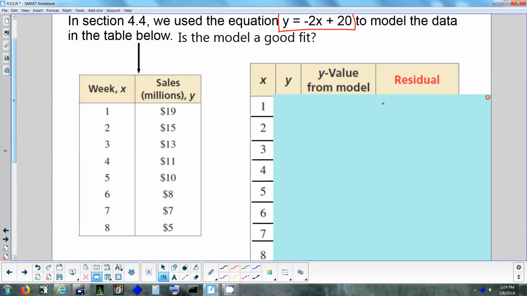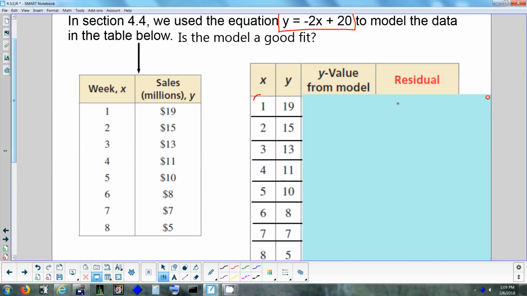The Y's. The Y's are already filled in for you, and I want you to think of them as coordinates. Right? (1, 19), (2, 15). I'm not going to do this to all of them. (3, 13). Just think of them as coordinates. On yours it's up and down, not left and right.